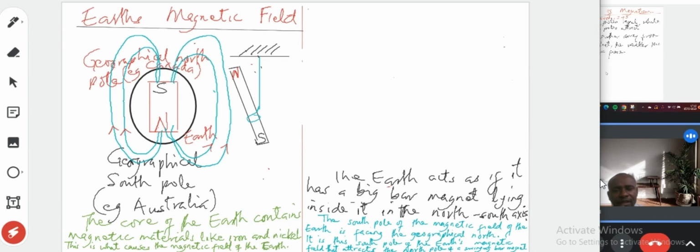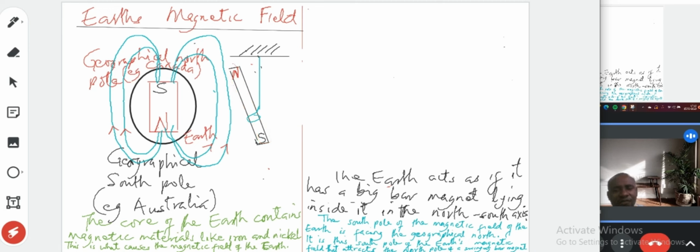The next page: the Earth's magnetic field. The Earth behaves as if it has a large bar magnet in its center. How do we know that? If you suspend a bar magnet by means of a string, can you see this diagram?